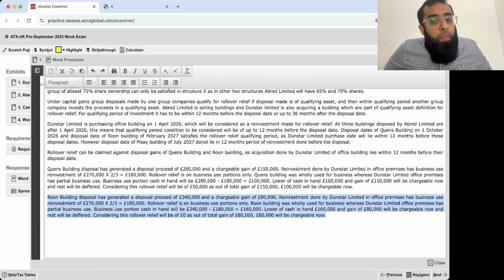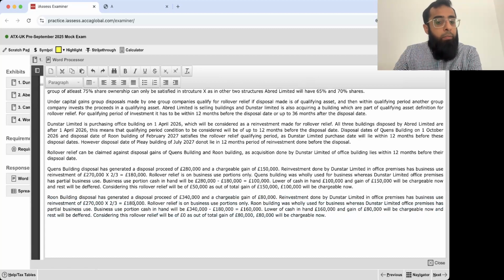Dunster Limited has a business use portion reinvestment of 180. Now we compare it with the disposal proceed: 280 minus 180, or 340 minus 180. So you get the cash in hand. Lower of cash in hand and gain will be chargeable now. In case of Queen's building, the cash in hand was 100,000.